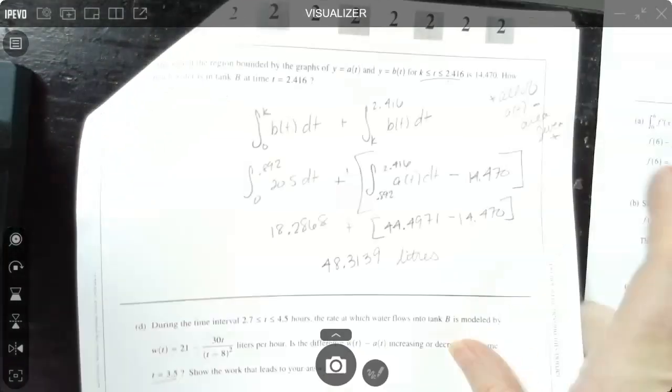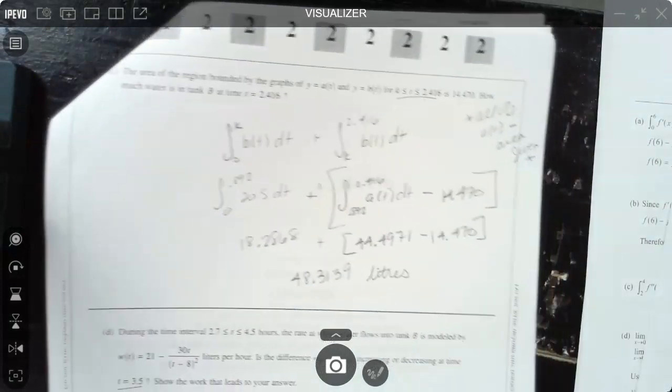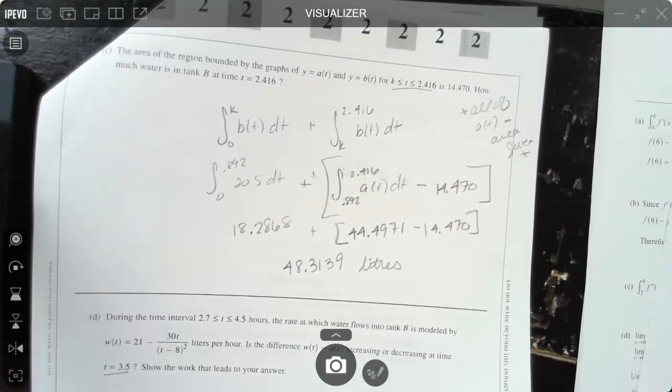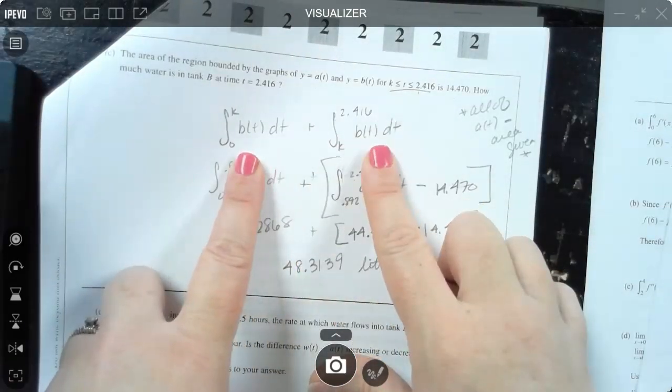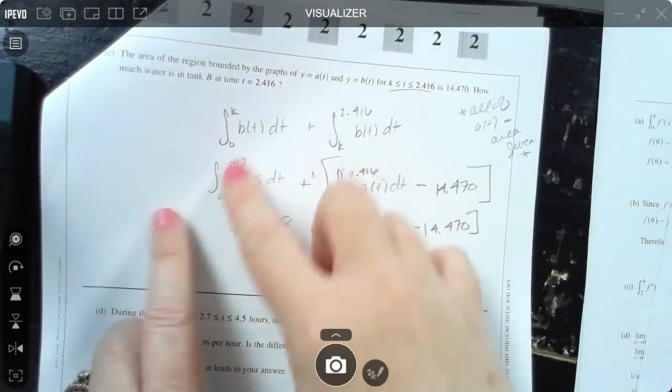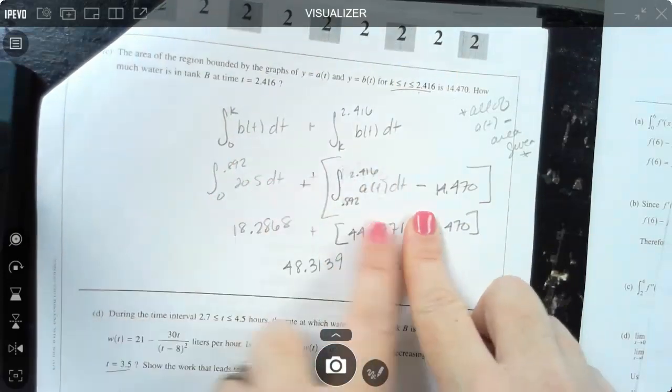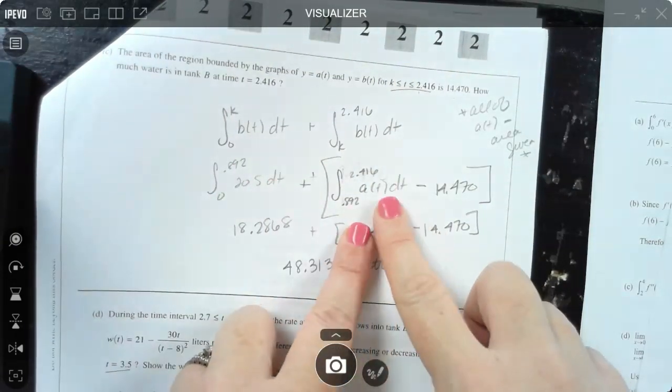So what did I have to do? I had to take from 0 to K, and then from K to 2.416 and add them together. And I did it this way because I had this value. This was what I didn't have. So I had to do top curve minus.